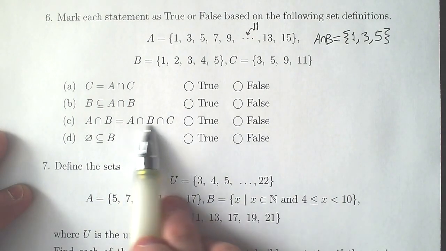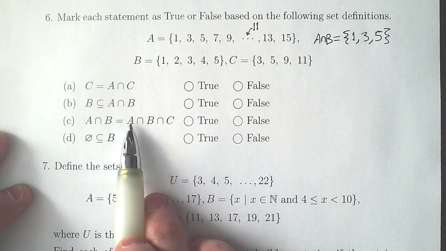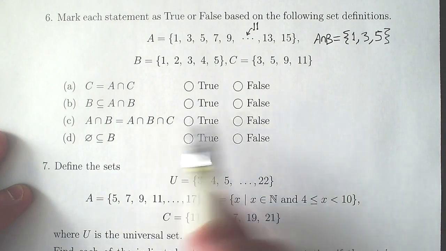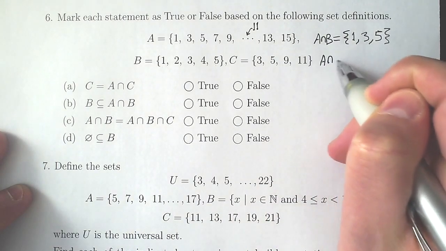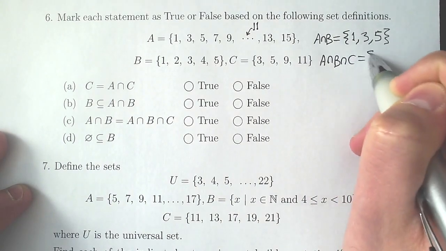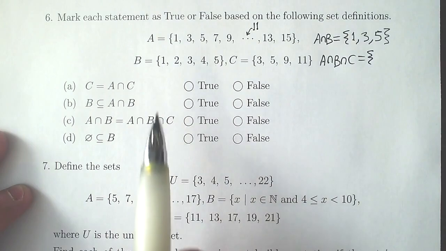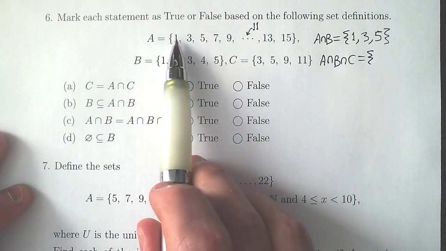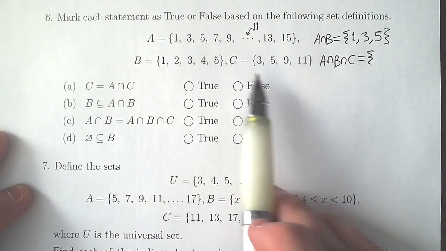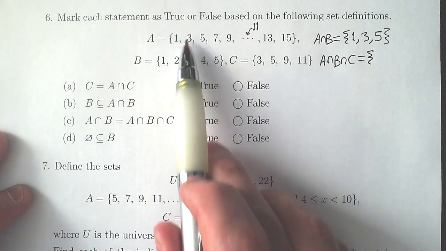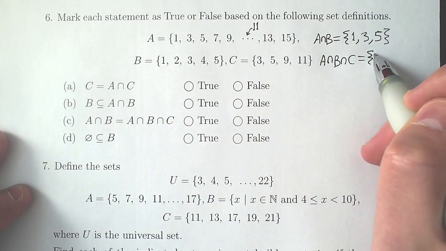While I'm at it, I'm going to go ahead and find A intersected with B intersected with C. A intersect B intersect C. So that would be numbers that are in all 3 of them. The number 1 is only in A and B. The number 3 is in all 3 of them.